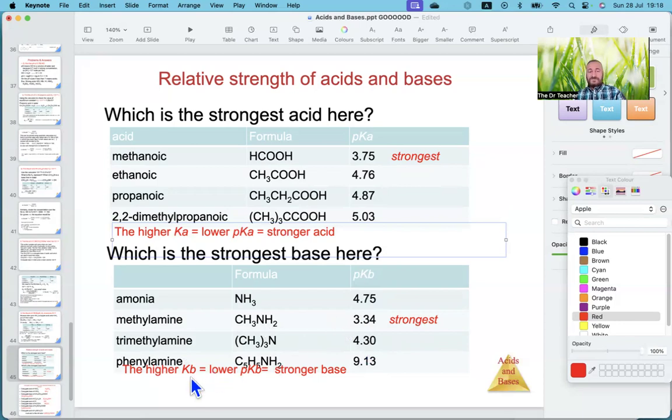So the higher Kb is the lower pKb. Okay, so lower pKb, stronger base. Higher Ka, so you have to put it in the minus logarithm. So when you put it in the minus logarithm, it will give you a stronger acid.